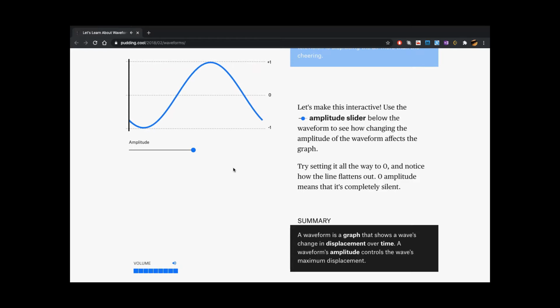If my membrane is vibrating to a larger displacement, then I hear more sound. But if it is a very minor vibration, the maximum displacement is very small, then it will be a very faint sound. So amplitude is related to the volume.